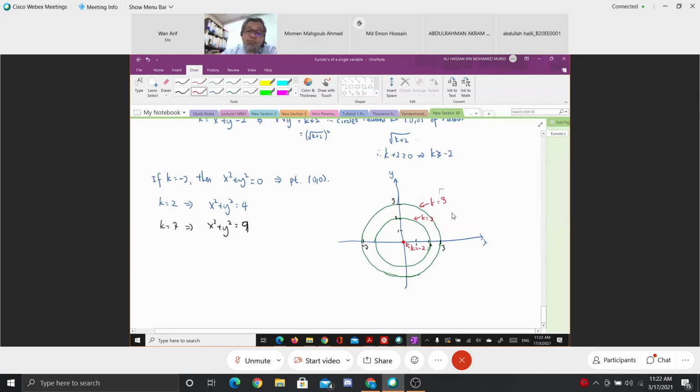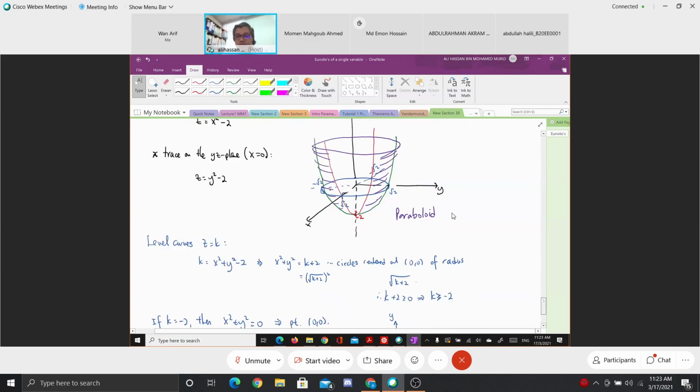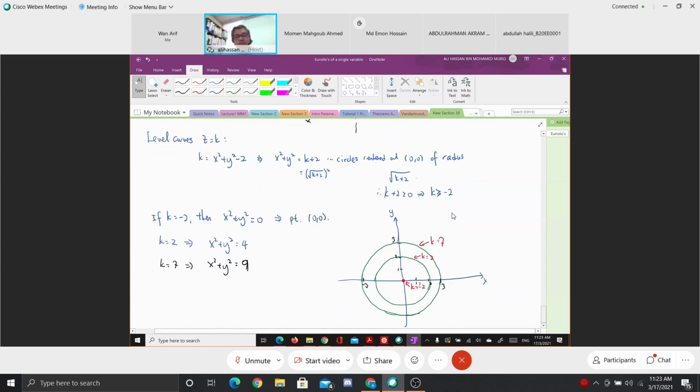So these are some of the level curves. As you can see from the diagram, for the plane z equal to constant, the curves of intersection are circles. So sometimes this is also useful information to sketch the graph of a surface.